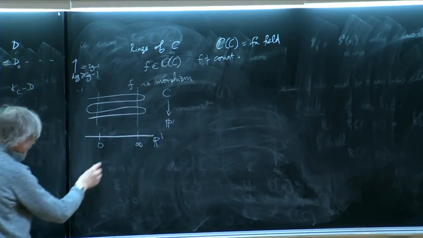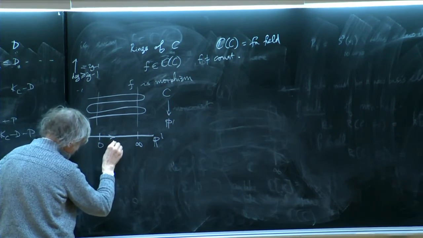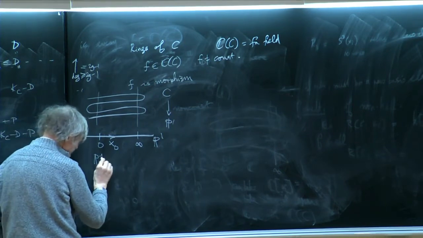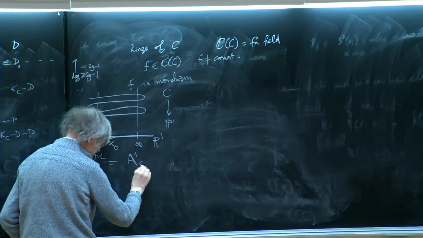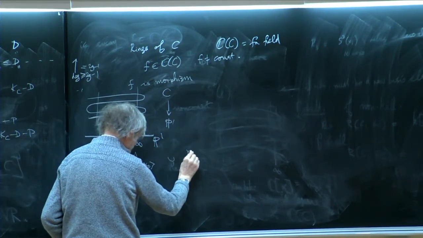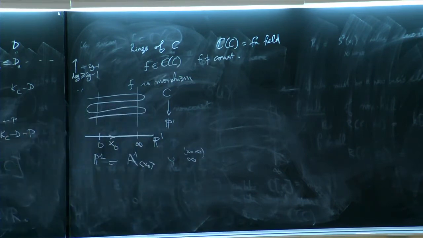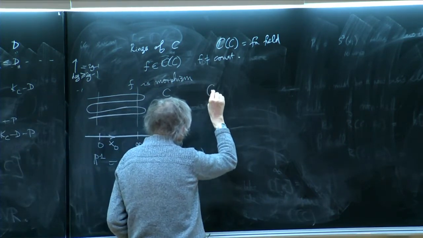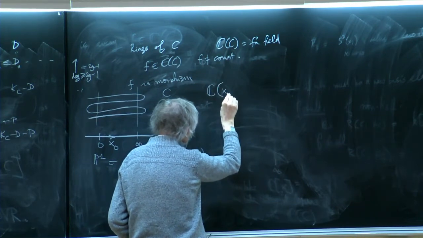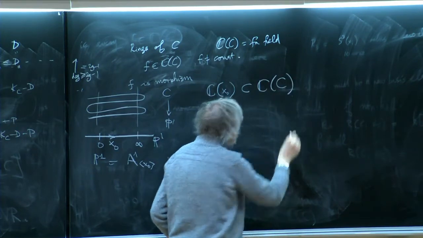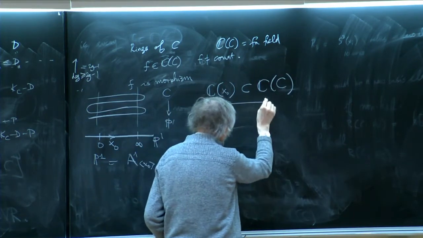Right? And I want to write x naught for a coordinate on P1. So P1 is A1 with coordinate x naught, and then the union with the point x naught equals infinity. Okay, and so if I write K of x naught contained in K of C, this is a finite field extension.